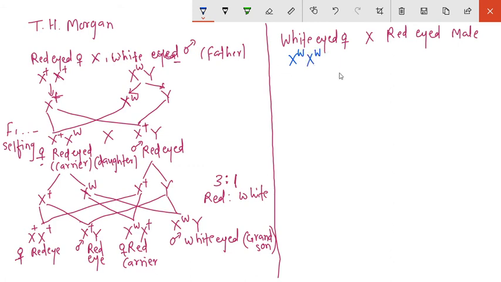If she has a single X plus, then she will be red-eyed but a carrier. So she is white-eyed, therefore XW XW, and the red-eyed male is X plus and Y.